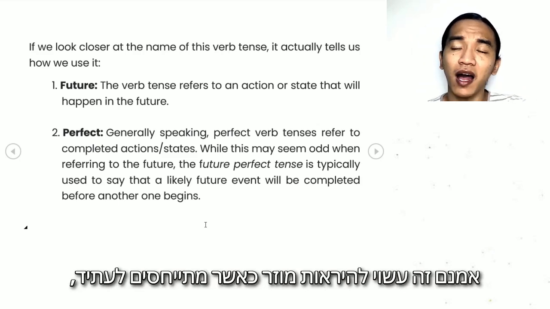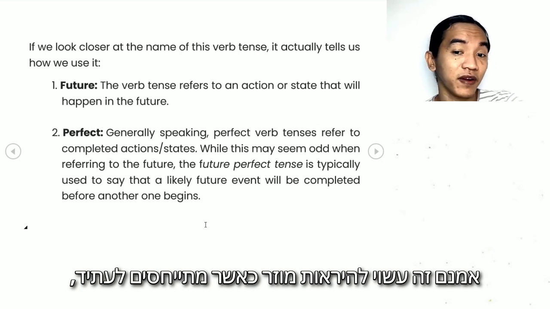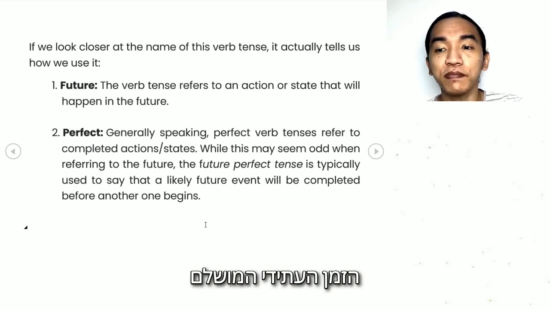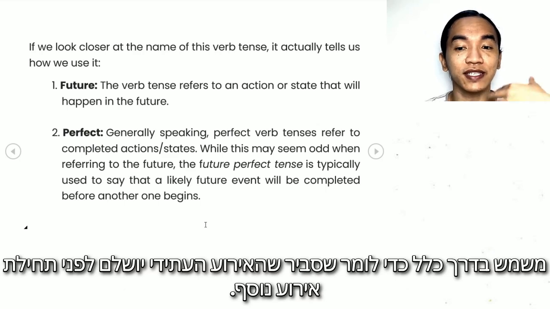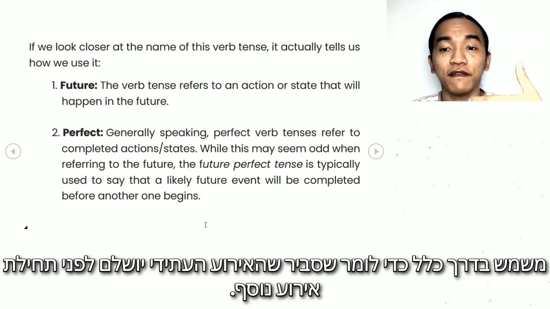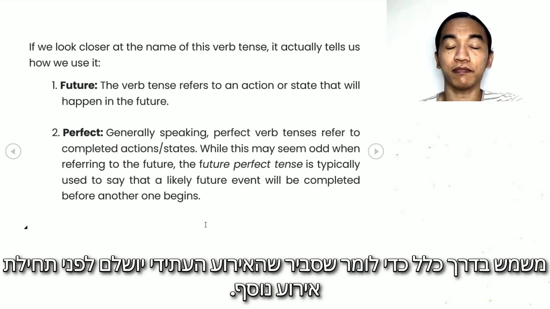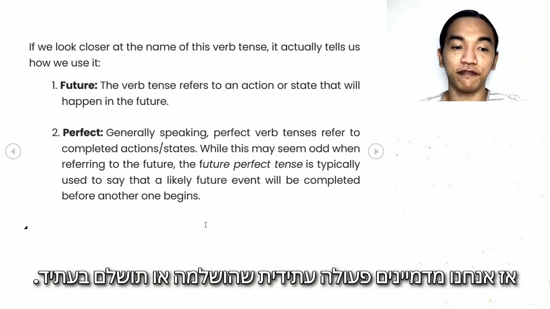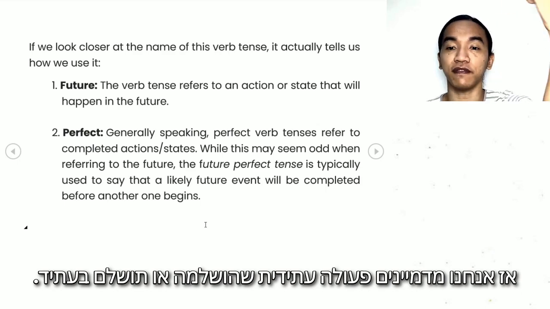While this may seem odd or strange, the future perfect tense is typically used to say that a likely future event will be completed before another one begins. So we are imagining a future action that will be completed in the future.